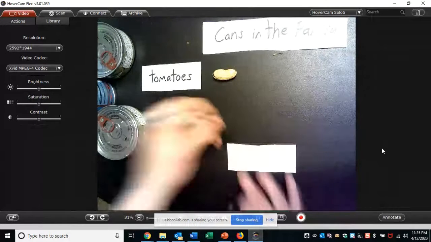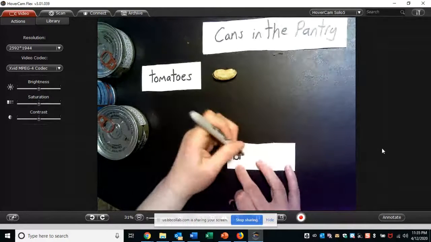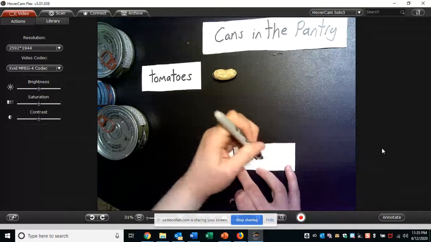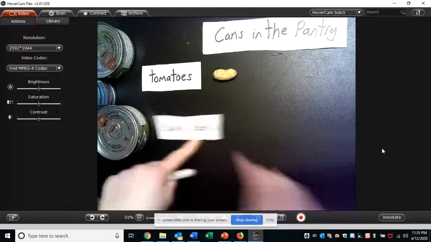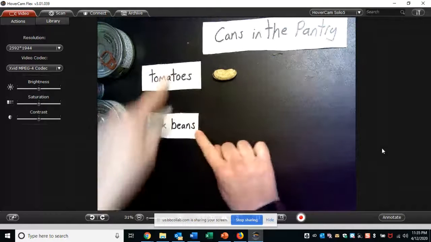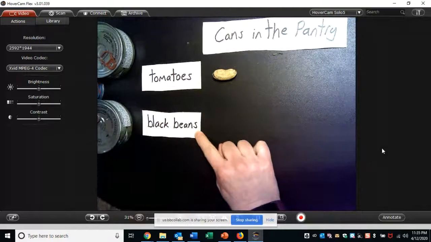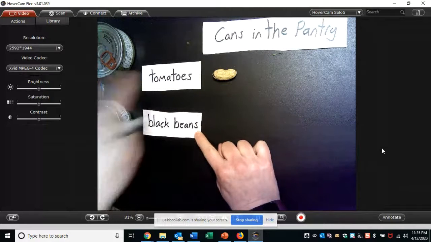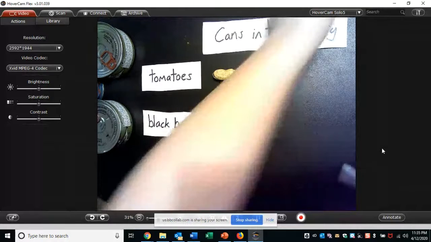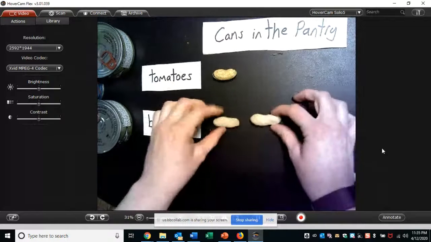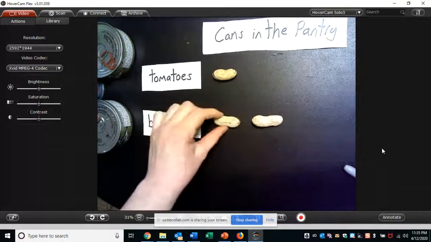And then the next one was black beans. Why do you think it's important that I have my labels here now? Because I didn't necessarily need them when I used the cans, but are you thinking why it's important to have some labels? So I had 2 cans of black beans, so I'm going to put 2 peanuts.